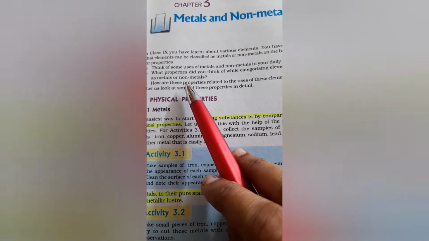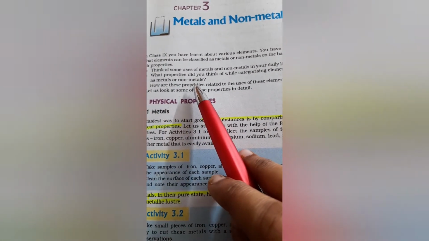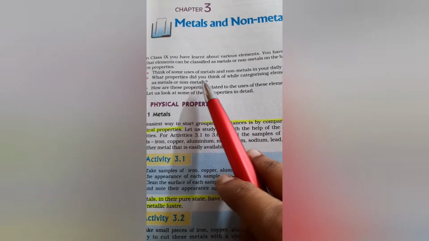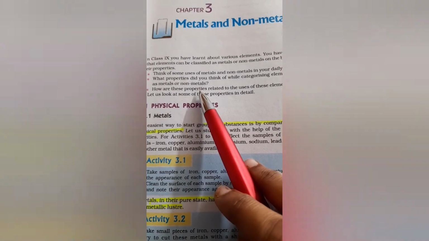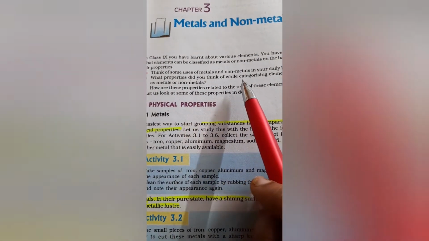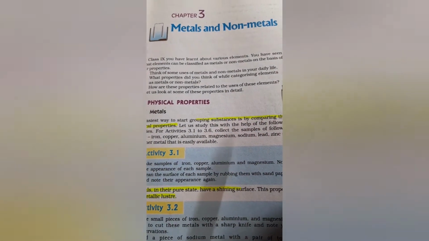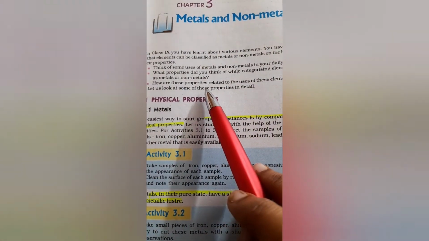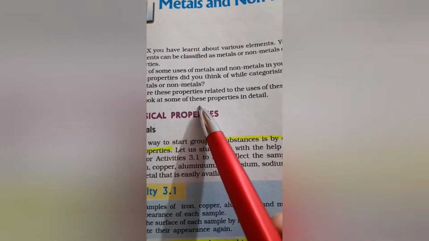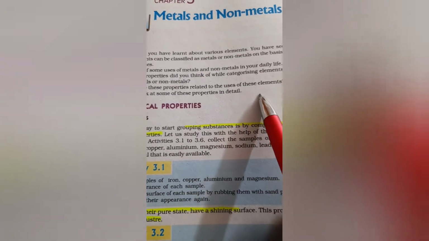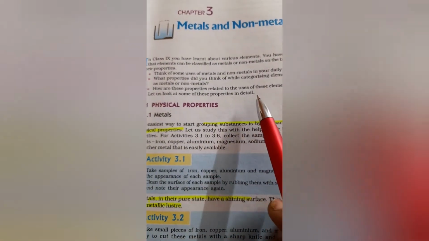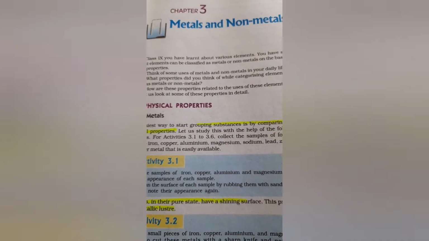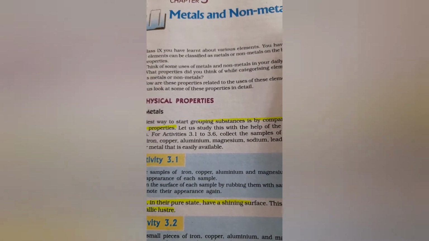All of you might know what is metal, what is non-metal, and you have also learnt about the uses of metals and non-metals in our daily life, and based on certain properties we divide elements into metals and non-metals. So how do you relate the properties to the uses? Now what is the relationship between the properties and uses of elements? We are now going to learn some of the properties of these elements in detail.